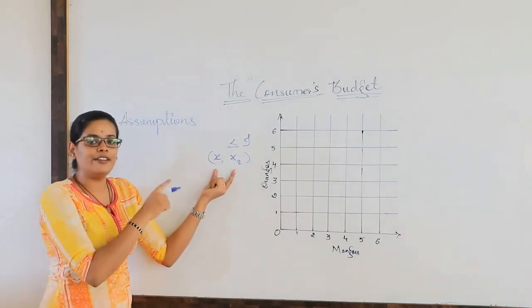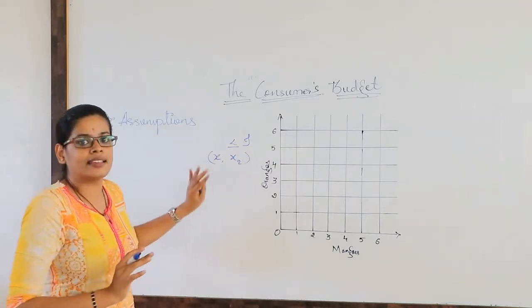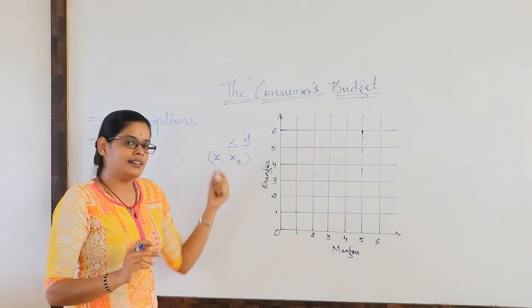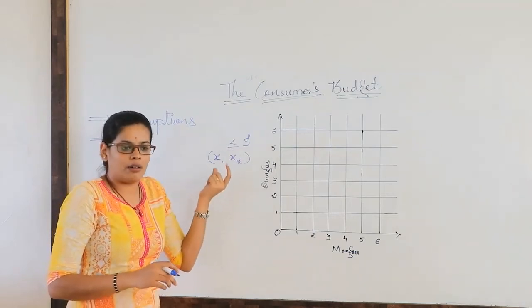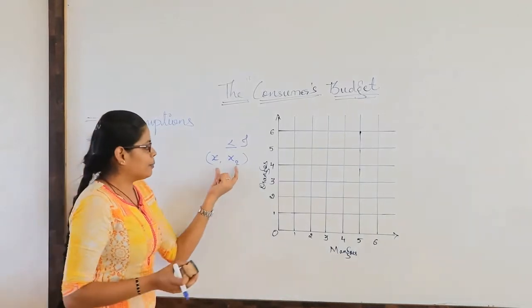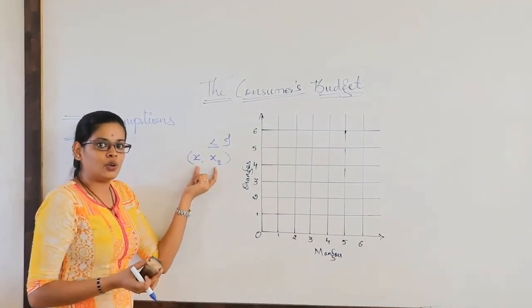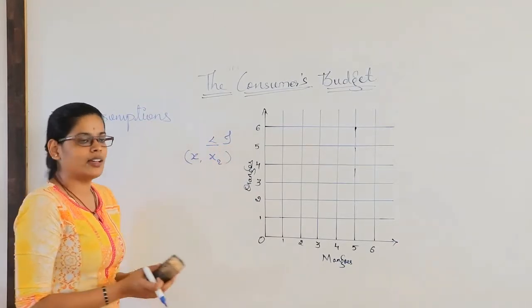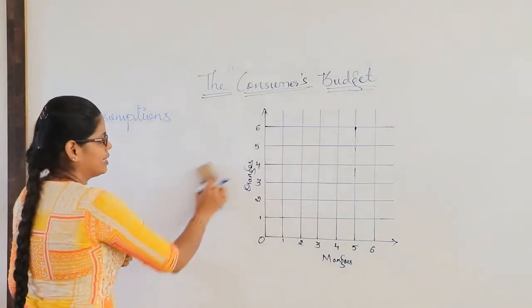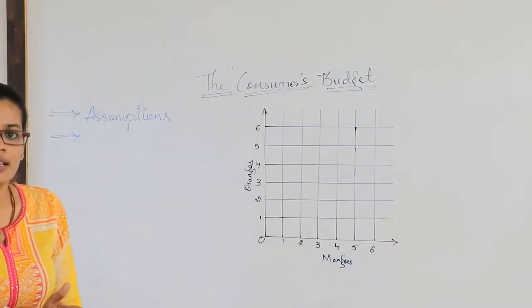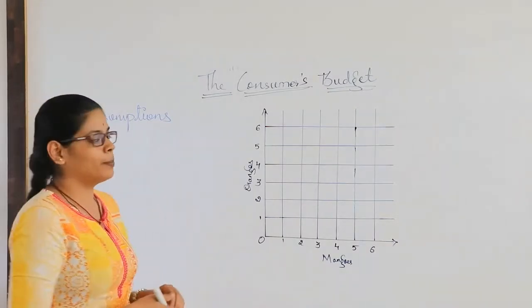Only then does he go and buy this bundle. Otherwise, if it is more than his income, does he ever try to take the risk to buy those goods? No. So that's the reason the bundle is bought only when it is less than or equal to his income. These are the three basic assumptions for us in this topic, the consumer's budget.